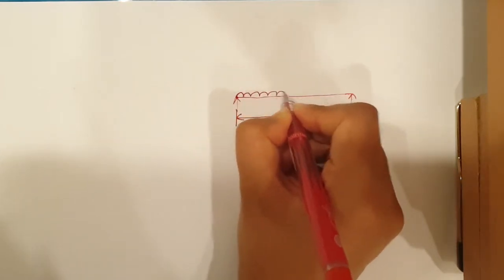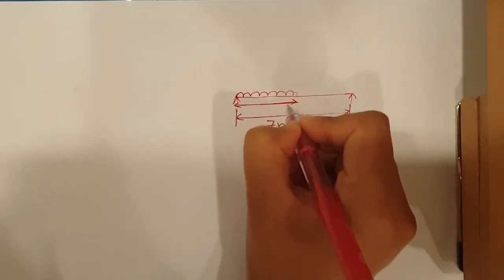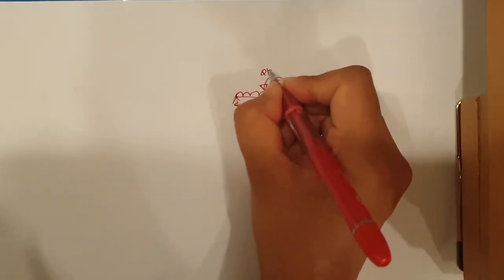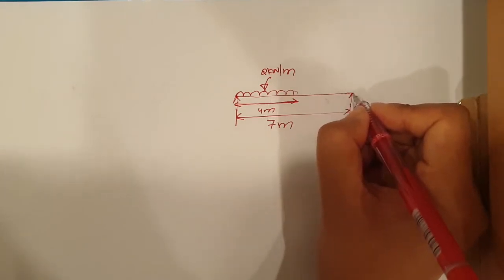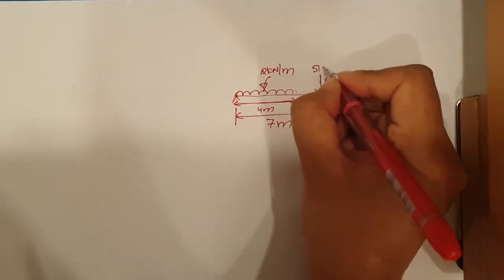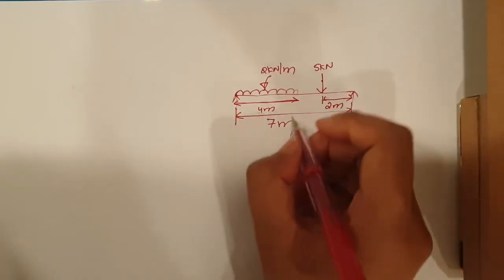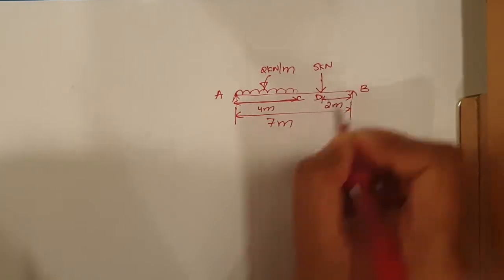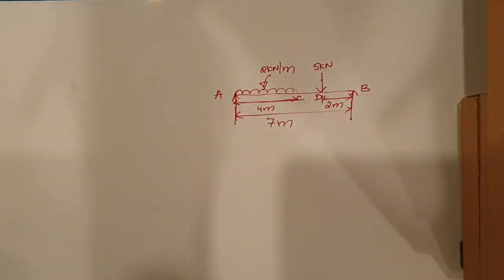So over 4 meter you have UDL acting, and it is acting at 2 kilonewton per meter. And from right hand side support at 2 meter distance you have 5 kilonewton load acting. So let us name this as A, B, C and D. Okay, so this is the diagram.